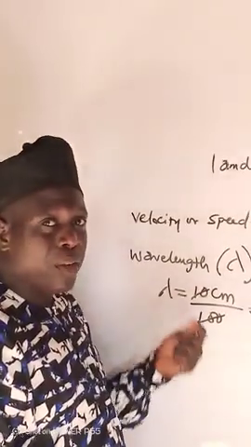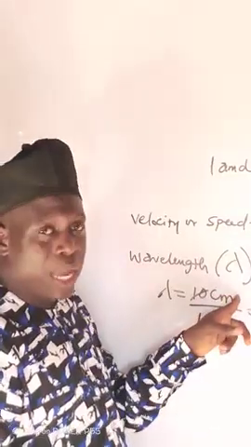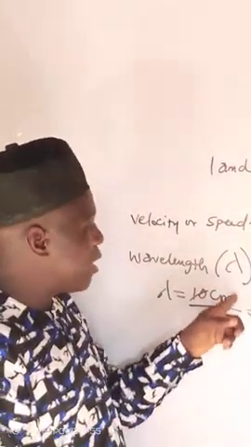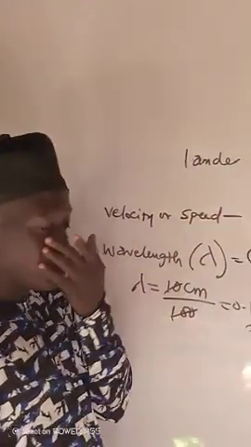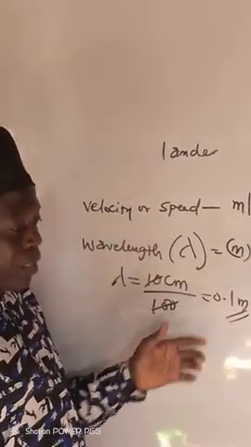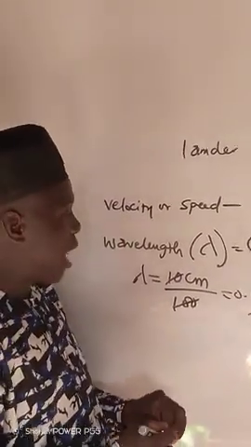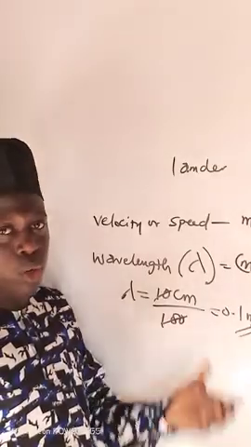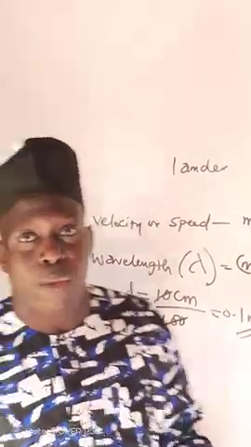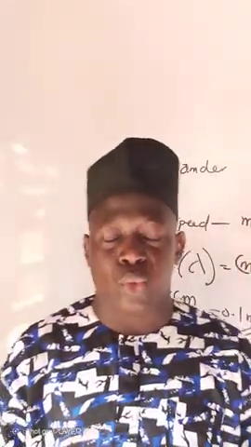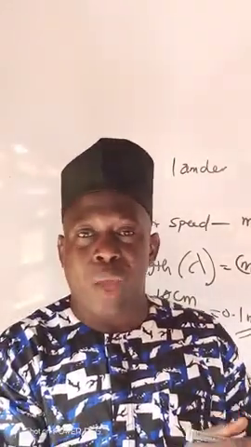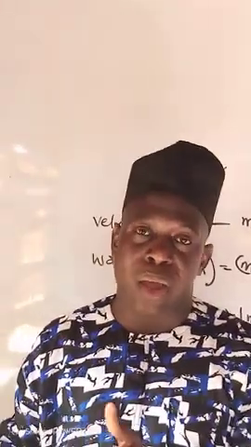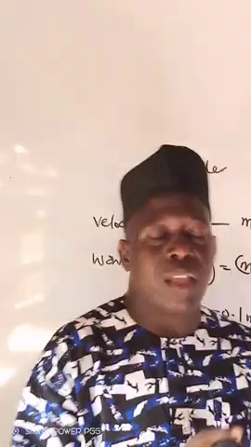If you are given the value of your wavelength in centimeter, and the standard unit of wavelength is meter, you need to convert it to meter. You just divide the given value by 100, and it gives you the exact value in meter.